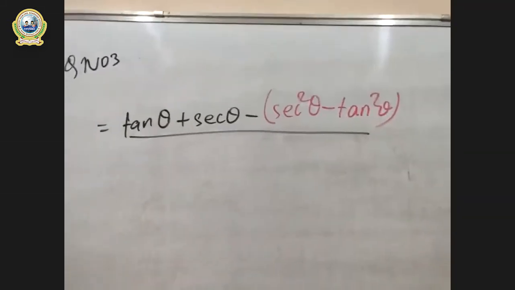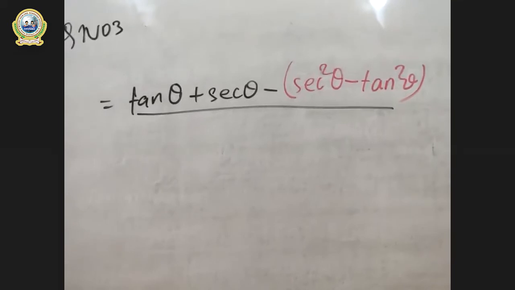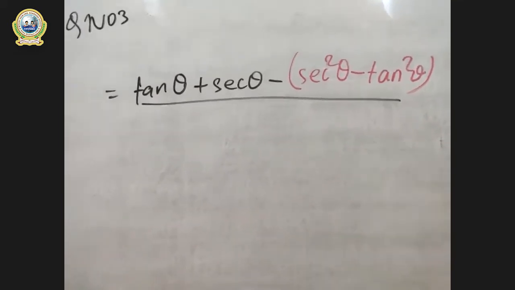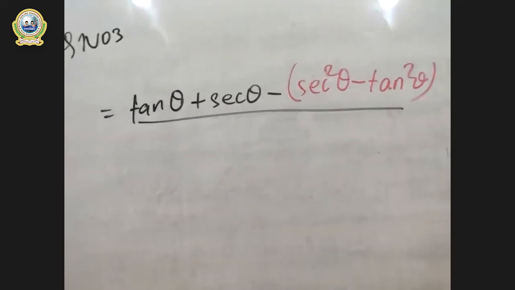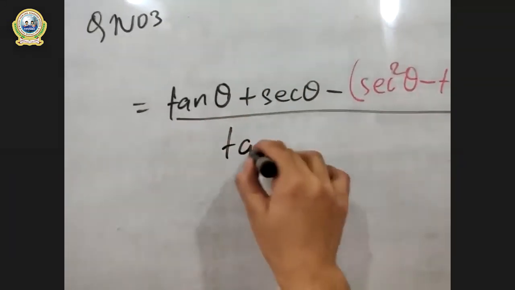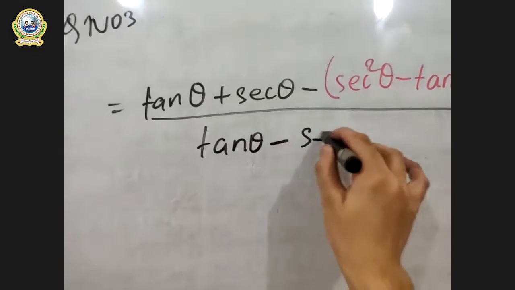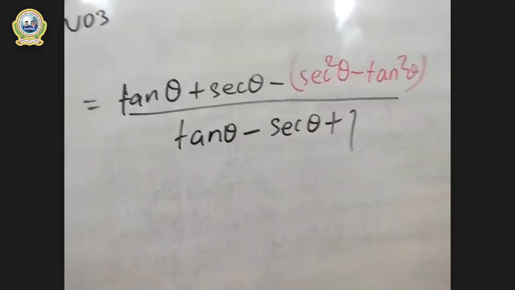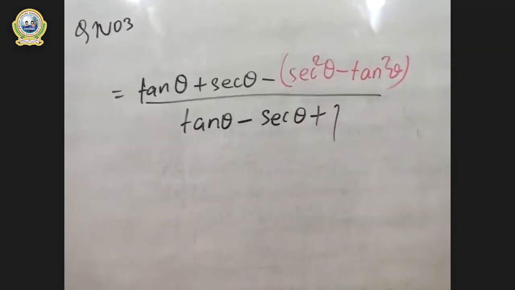Why is this so? Because the question is in the form of tan and sec. So let's convert the 1 of the numerator only, and in the denominator part we do have tan theta minus sec theta plus 1. Are you clear?